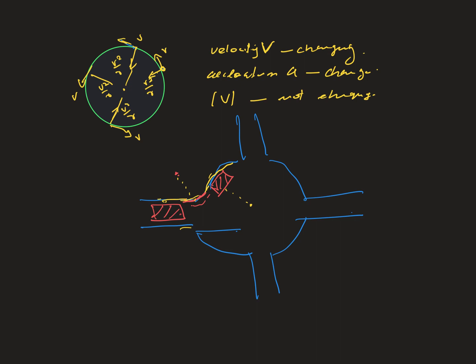In terms of acceleration, you can see that first the acceleration is in this direction, and then the acceleration is in this direction. If we look at the car and say it's points A and B, initially when it turns this way, the acceleration is this way.